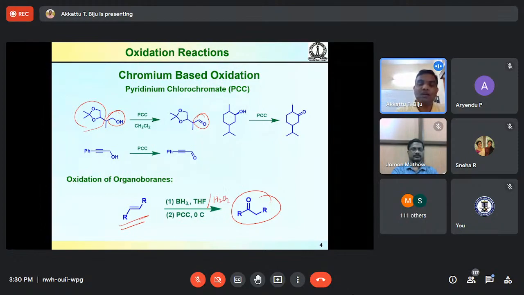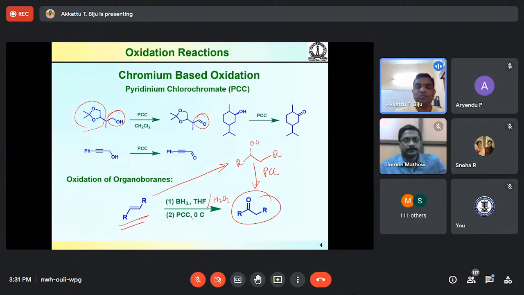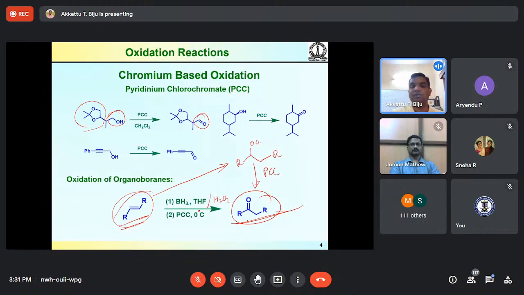If you have an olefin and add hydroboration and oxidation conditions, you get it converted into the alcohol, and this alcohol can be easily oxidized in the presence of PCC at 0 degrees Celsius to convert it into a ketone. So a two-step conversion of an unactivated olefin to a ketone can be accomplished by combining the borane hydroboration reaction followed by oxidation chemistry.